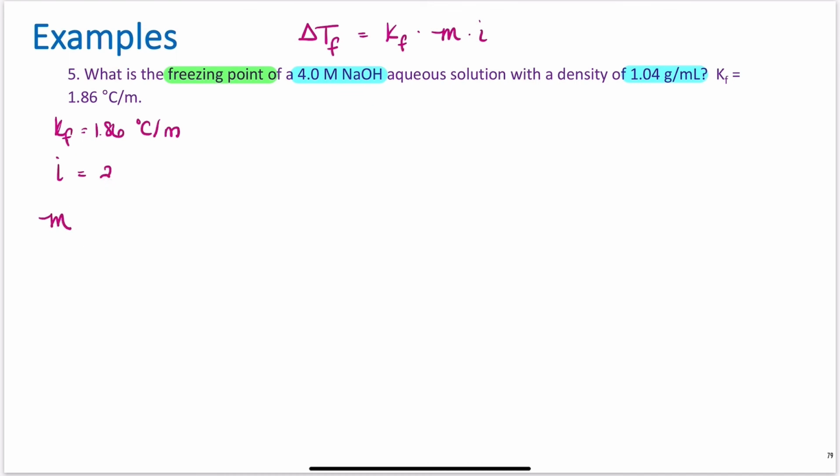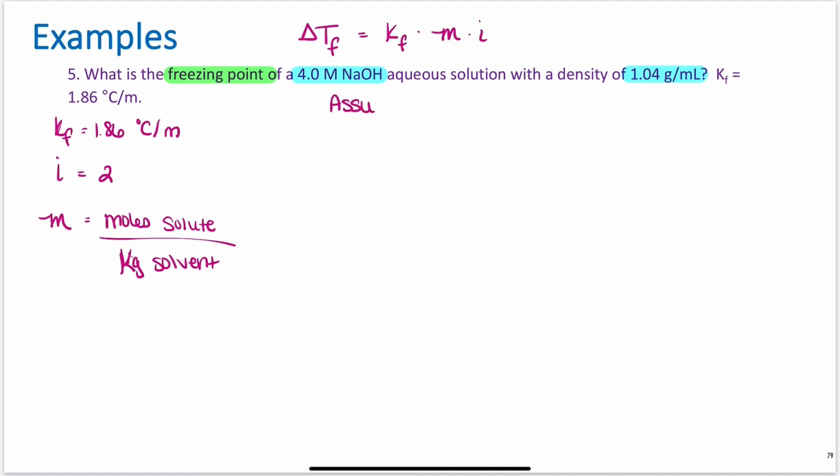Molality is equal to the moles of solute over kilogram of solvent. I'm told that I have a 4 molar solution. How do I figure that out? I've got the molarity, I've also got the density, so I can figure this out. But I do have to make an assumption, and this is a safe assumption to make.